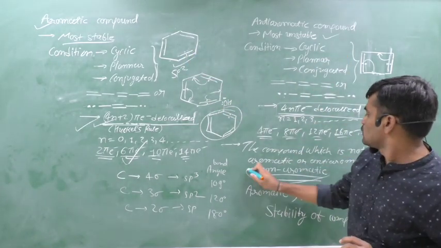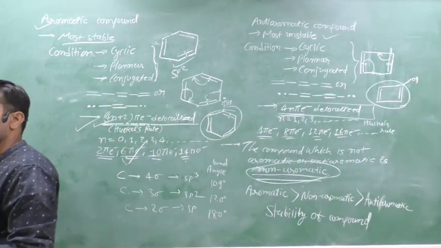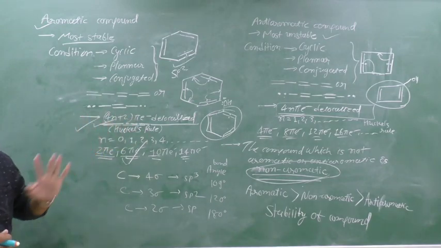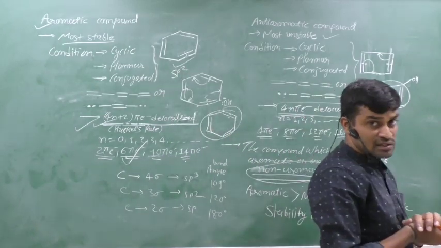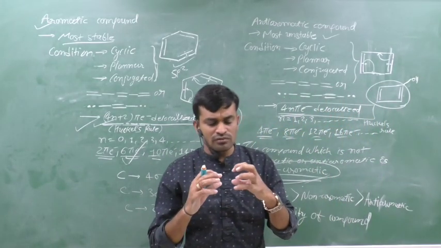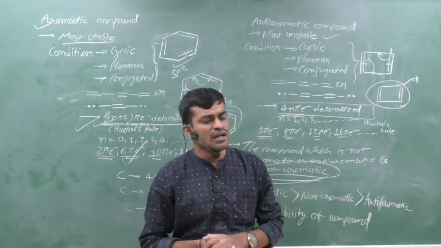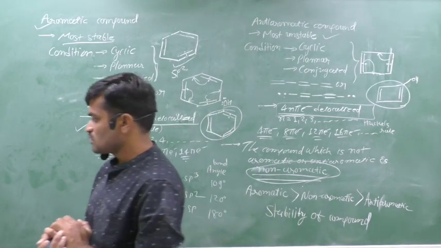It is non-aromatic, and the stability order is aromatic, non-aromatic, and anti-aromatic. Here 4n plus 2 pi delocalized electrons, here 4n pi delocalized electrons. Delocalized electrons means electrons which move from one position to another with the help of resonance or otherwise. We can explain resonance in the next lectures.